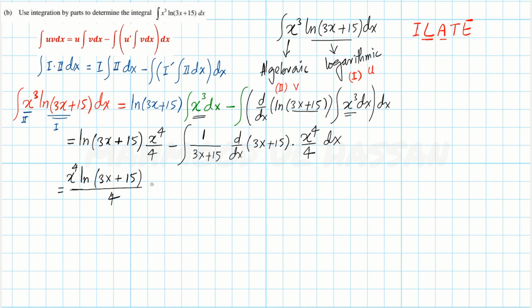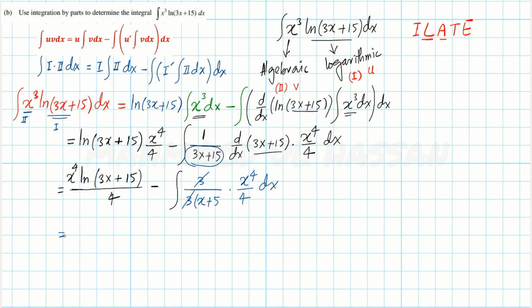Then minus, here the derivative of 3x plus 15 is going to be 3 only, and then divided by, in the denominator we can take 3 as a common factor, so that will become x plus 5, and here we have x to the power 4 divided by 4 dx. So this 3 will cancel with this 3.